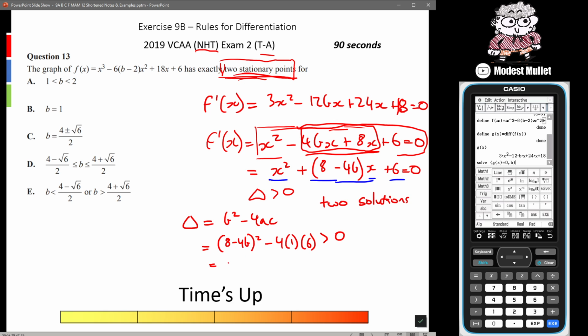So expand this, actually we might leave it as a square, because square root 24 is not nice. 8 minus 4b squared minus 24 needs to be greater than 0.